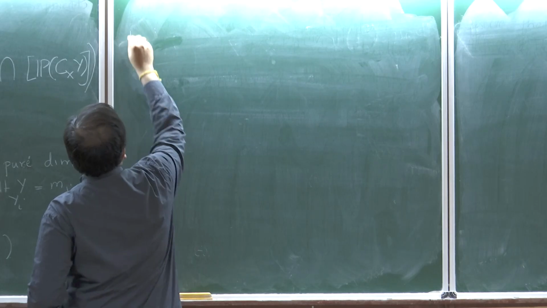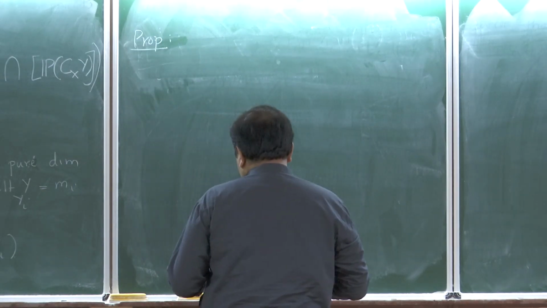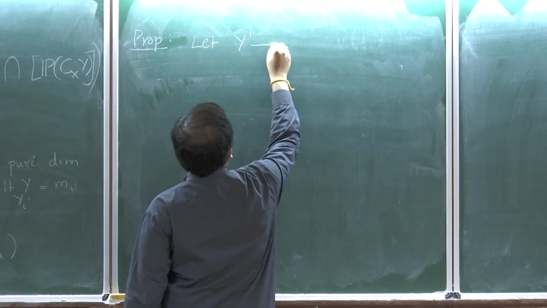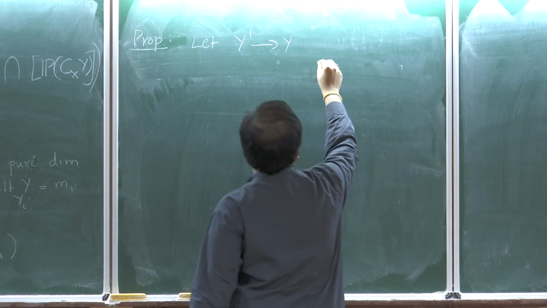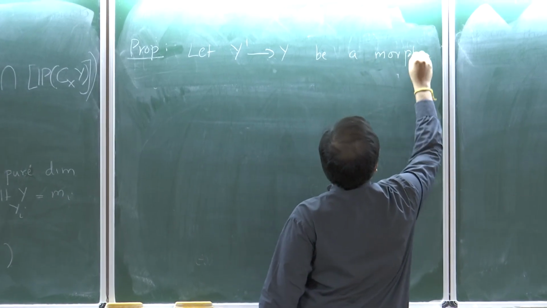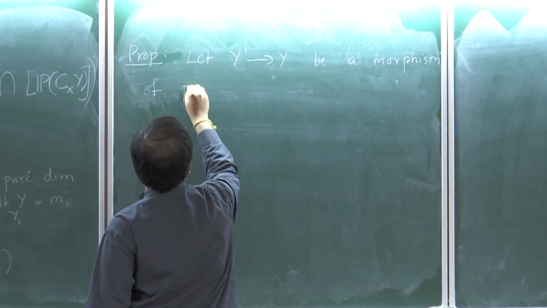So here let f: Y prime to Y be a morphism of pure dimensional schemes.